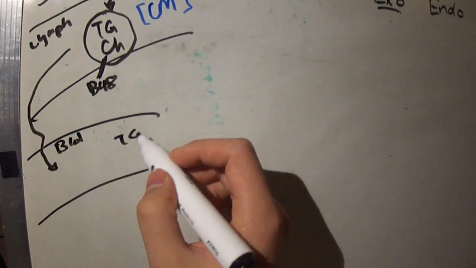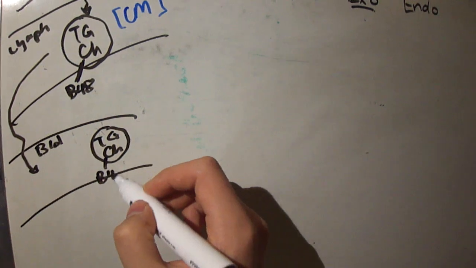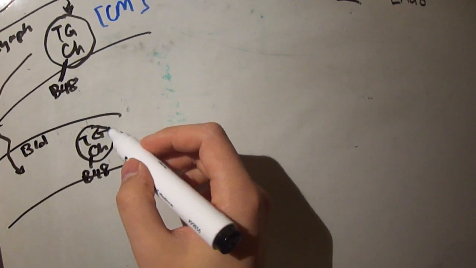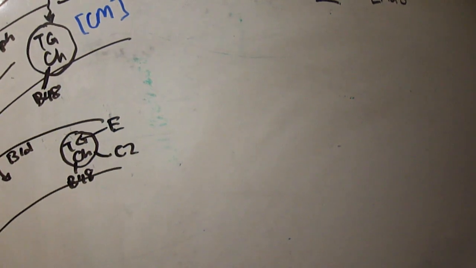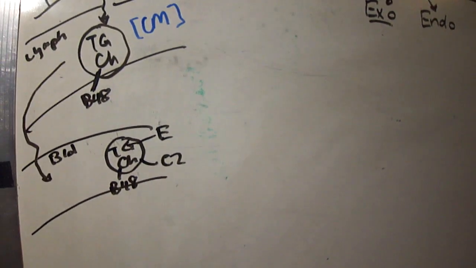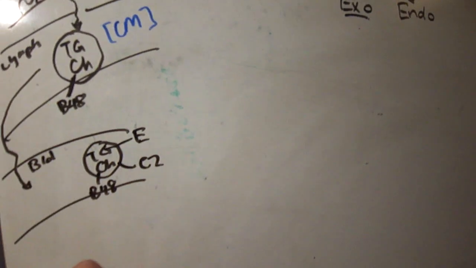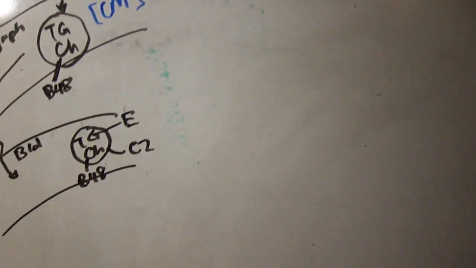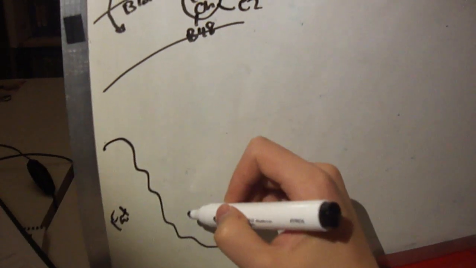Now once it's in the bloodstream, it's still going to have that B48, and it's going to acquire 2 new apolipoproteins: the first one is E, and the second one is C2. This chylomicron is going to be circulating through the blood, and it's going to encounter fat tissue.